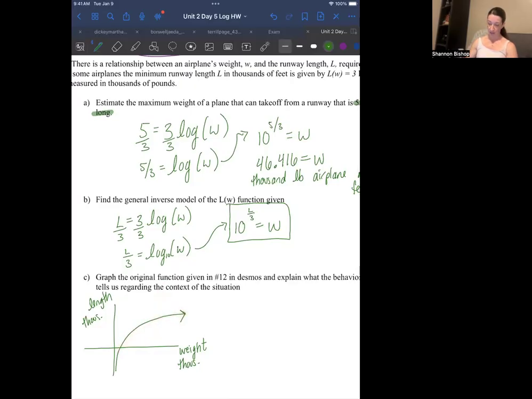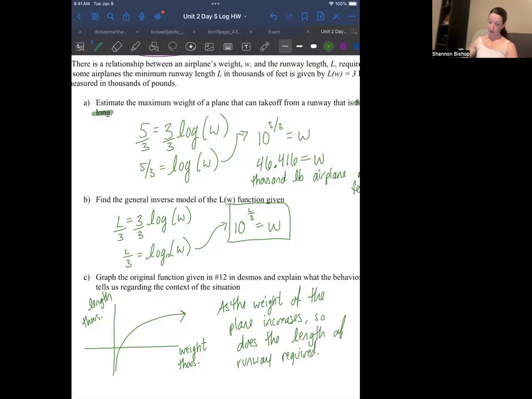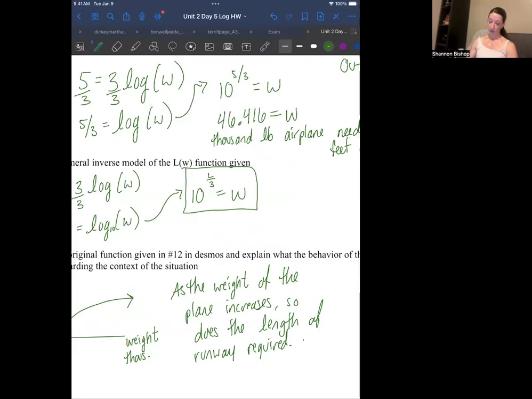So that's why we can say as the weight of the plane increases, so does the length of runway required. But if we wanted to show off just a little bit, we could say, but it increases by less and less.